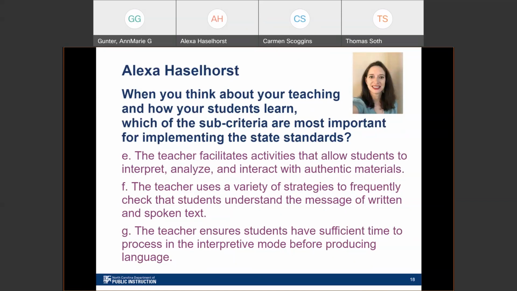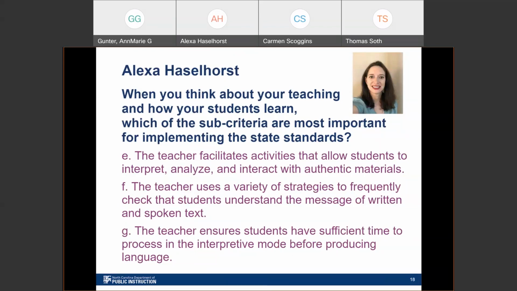And so that goes with F also, it allows the students to check that they're understanding because they're able to have those questions and those stopping points to get them to stop. But what's also important is before even getting to that, and this goes with G, is that in order for them to have time to process, they need to make sure that they're understanding it.